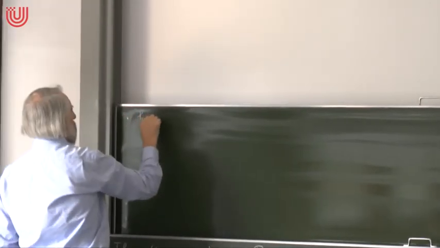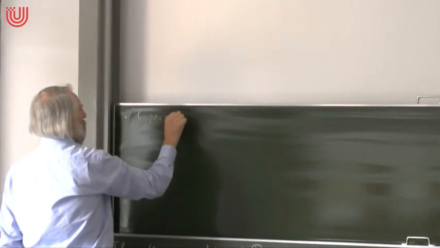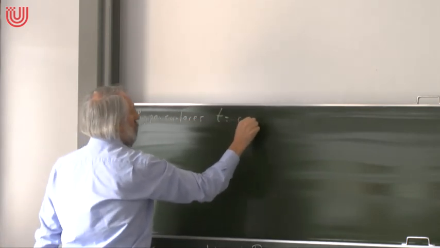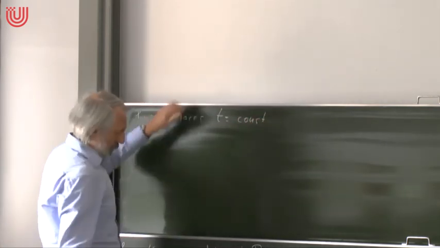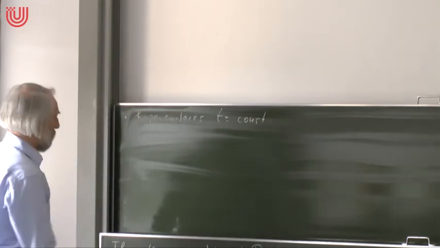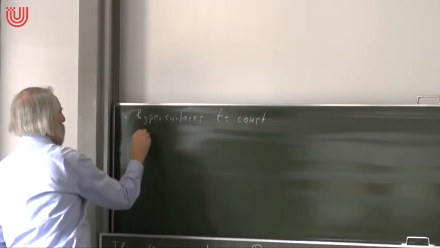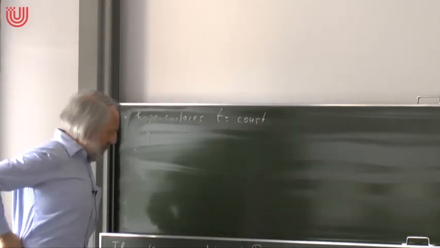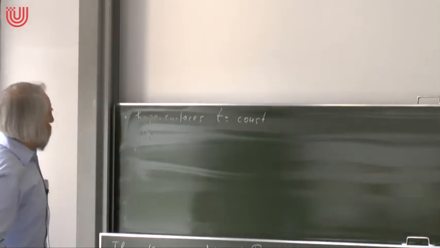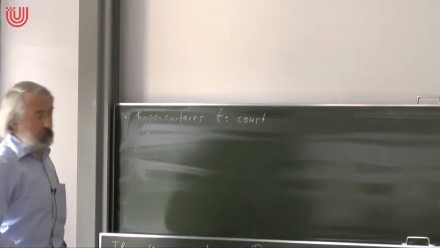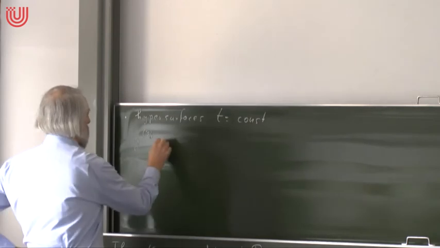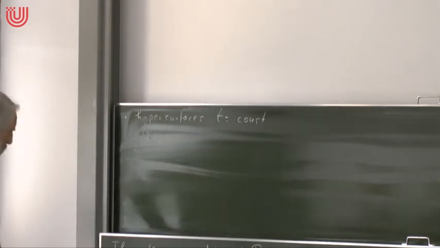So the next point is the hypersurfaces t equal constant. We can read from the metric what the metric on this hypersurface is. It's of course a 3-metric. This hypersurface is parameterized by r, theta, and phi, so it's 3-dimensional, and we will see what the metric is doing on this hypersurface.